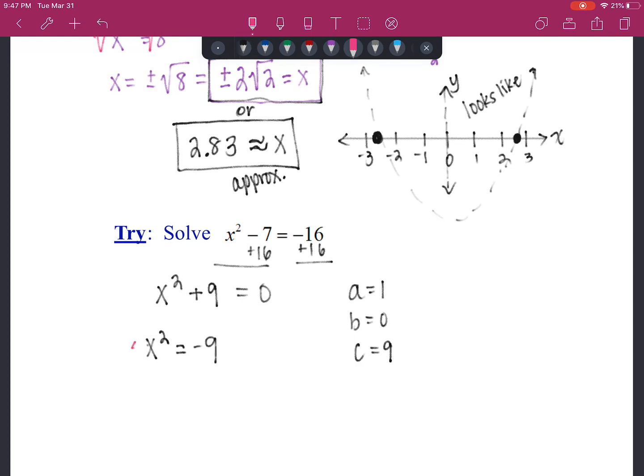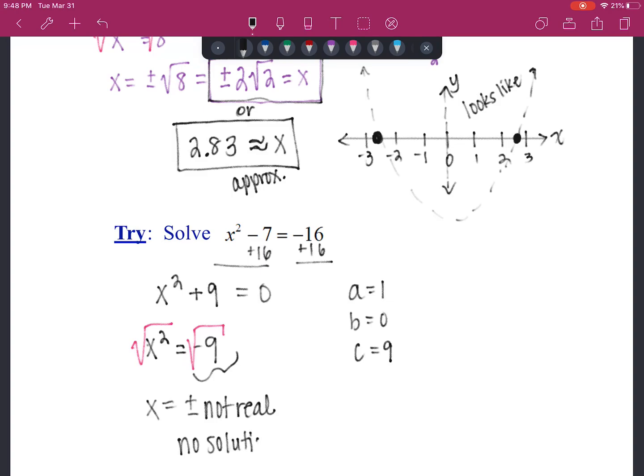So I'm going to subtract 9 from both sides. Now I'm going to square root both sides, which gives me a plus or minus. x equals plus or minus, oh boy, the square root of negative 9 is not real. Not real. So x equals plus or minus, not real.